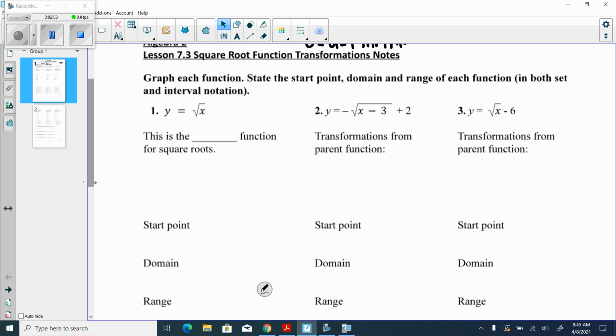So for the quadratic, it was just y equals x squared. For the absolute value, it was just y equals the absolute value of x. So it had the bars on the outside. This is going to be our parent function for square root. Y equals square root of x. So this is the parent function for square roots.